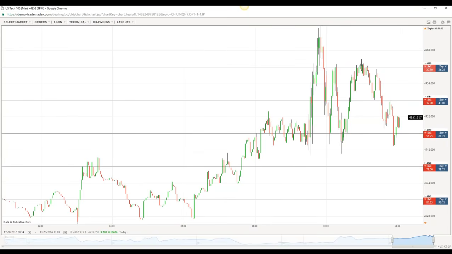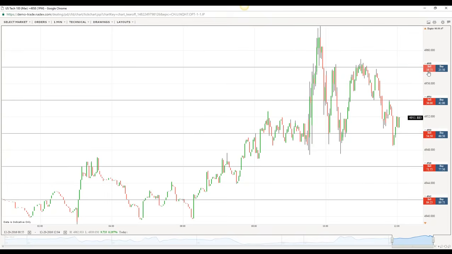Well, we sold this for 20. If the market comes way down here, this is going to be even more in the money. We'd probably be up close to 15 or 20 bucks on that.